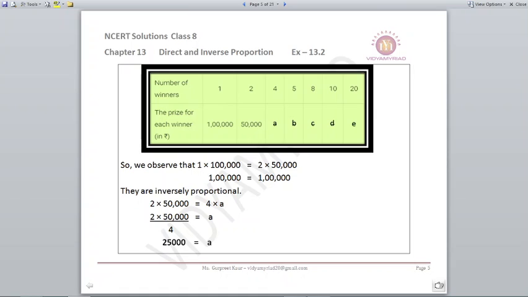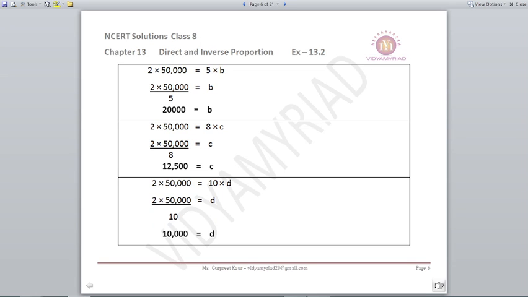So when it is a case of inverse proportion, using this we are going to find out the blanks, that is A, B, C, D, E. Taking 2 and 50,000, it is equal to 4 multiplied by A. So we can find A by dividing 2 into 50,000 by 4, which comes out to be 25,000. 2 into 50,000 is equal to 5 into B. The same way it comes out to be 20,000. 2 into 50,000 will be equal to 8 into C, that comes out to be 12,500, and 2 into 50,000 is equal to 10 into D, that comes out to be 10,000.